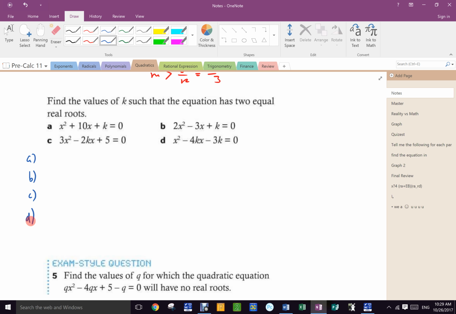All right, what is A, B, C, and D down here? Two equal real roots. What does that mean? Is it a greater than situation, a less than situation, or an equals situation? Equals. So all of this is equals.